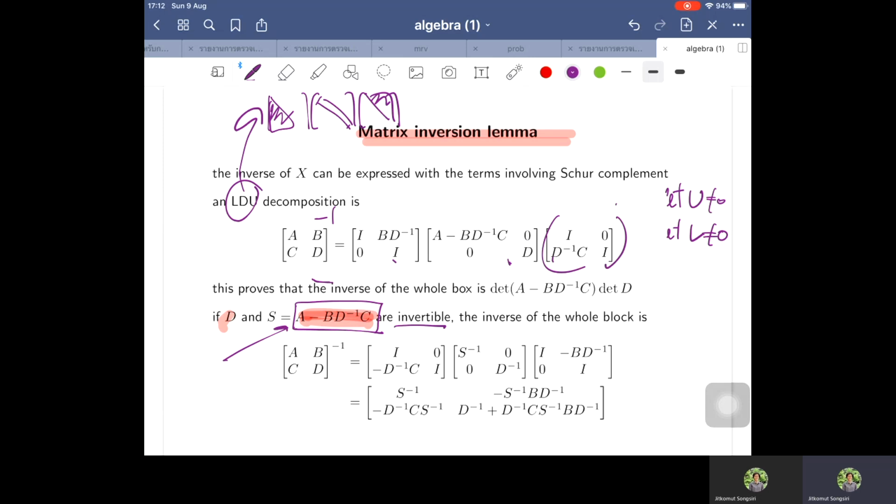So if you invert the whole thing, it's going to be this term inverse first, then this term inverse, and then this term inverse.